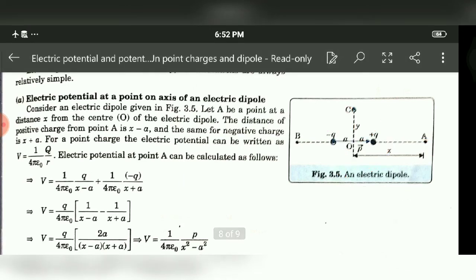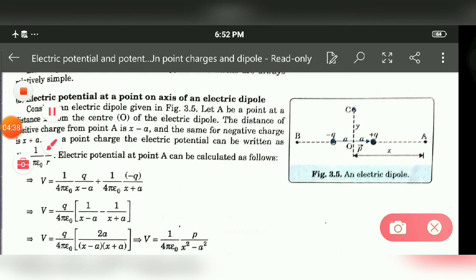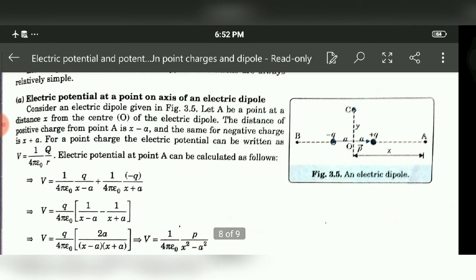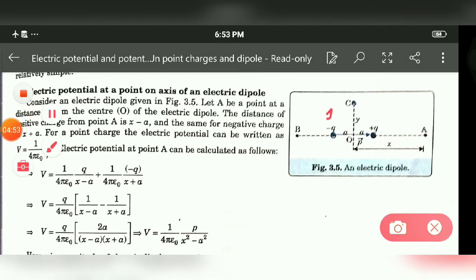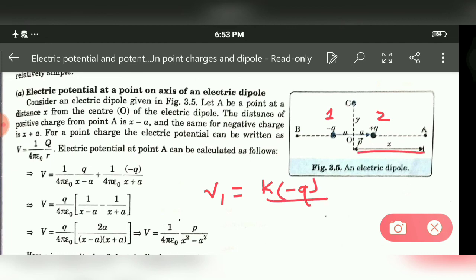As we know, first of all, potential due to charge 1 and charge 2. This is the potential formula. Due to a charge, potential is k q by r. This is charge 1, this is charge 2. Potential due to charge 1 is equal to k times charge, which is minus q, and the distance is x plus a.